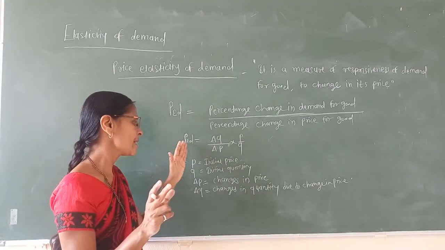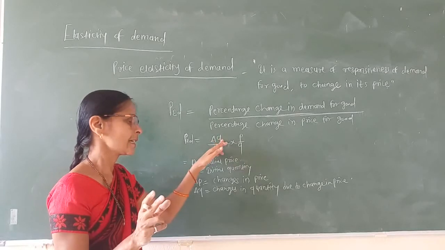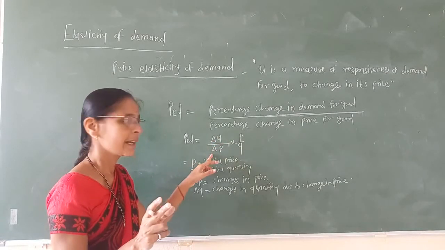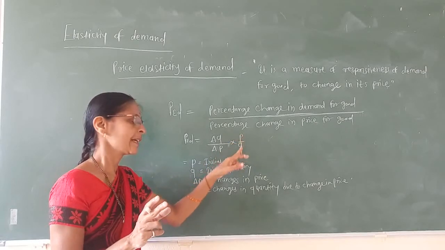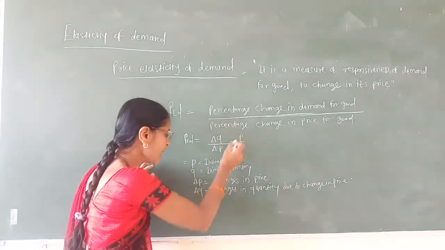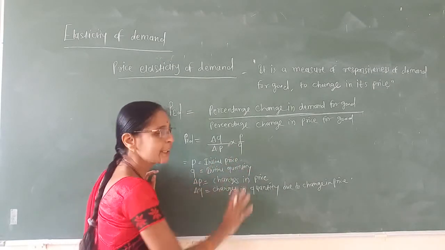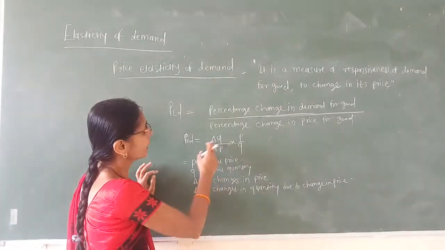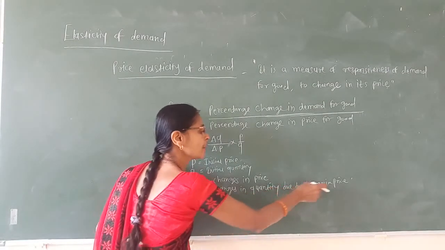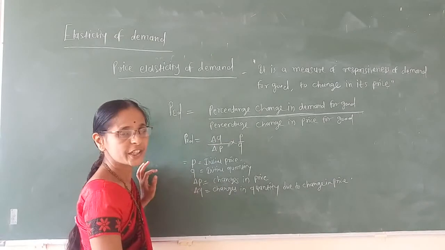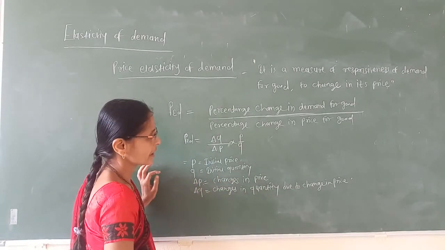PED, the price elasticity of demand, is equal to delta Q divided by delta P into P divided by Q. Here P is the initial price, Q is the initial quantity, delta Q is the change in quantity due to the change in price, and delta P is the change in the price.